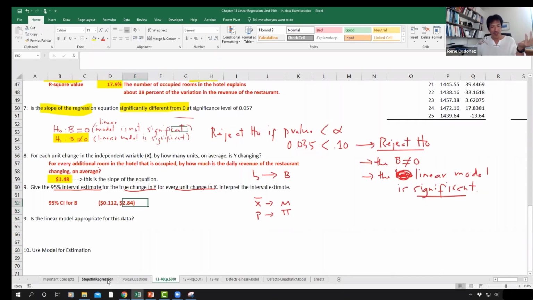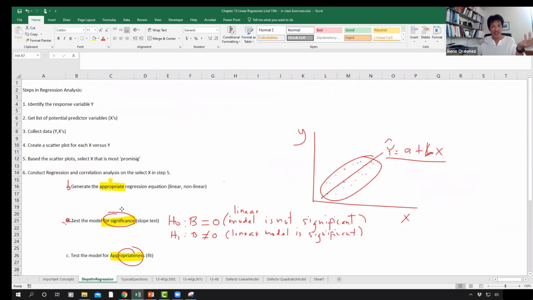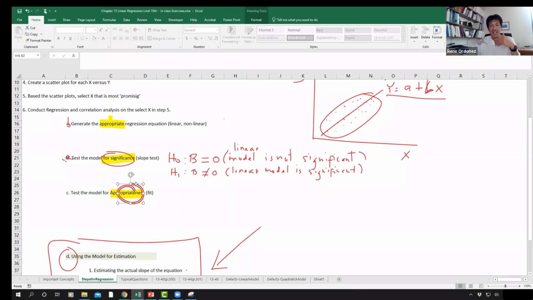So at this point, we have tested the model for significance. The next step is to test the linear model for appropriateness, meaning does the line really fit the data?